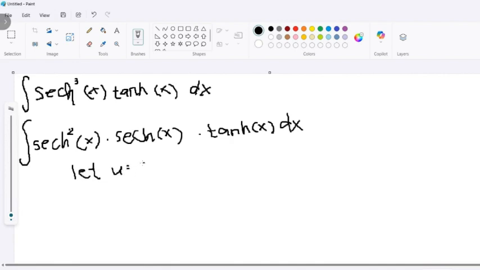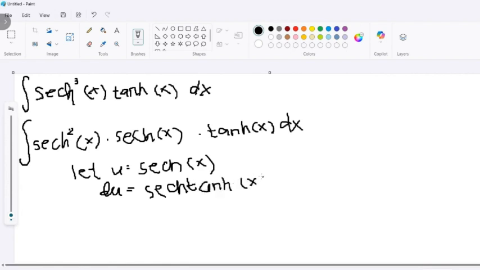We are going to let u as sech x. As you all can see here, it is somehow similar to our first example, but this is now a hyperbolic function.